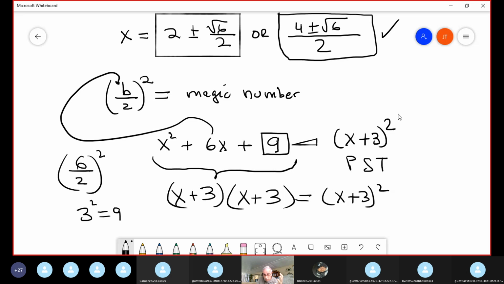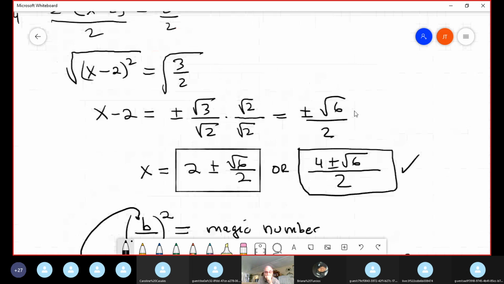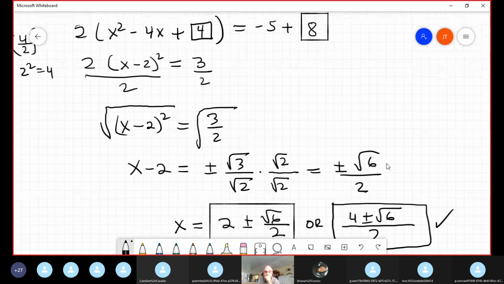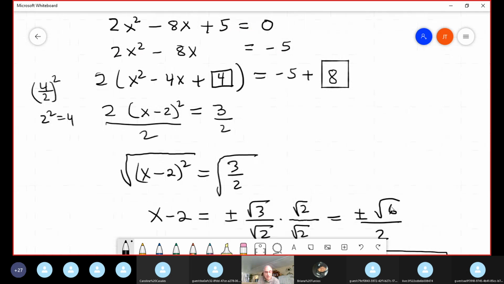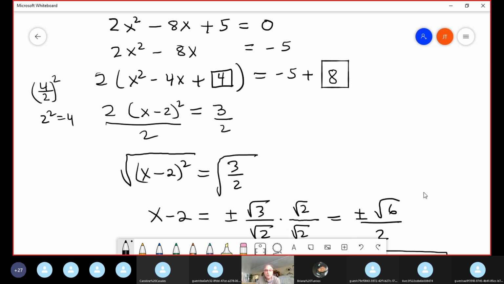The thing is, I'm confused about on top where you put 2x squared minus 4x plus 4, which was an imaginary number, I mean the magic number, and then it equals negative 5 plus 8. How did you get the 8? In what example? This one. Okay, now I understand your question. Because in this specific example, you introduce 4.